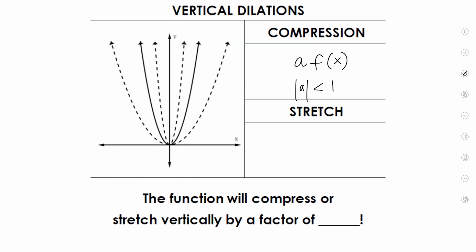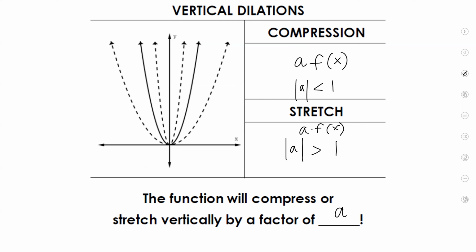And we're doing the absolute value, so we're talking about positive numbers here. And then it will be a stretch if this value is greater than 1. So we'll have a times f of x. If this a value is greater than 1, it is a stretch. So the function will compress or stretch vertically by a factor of a.